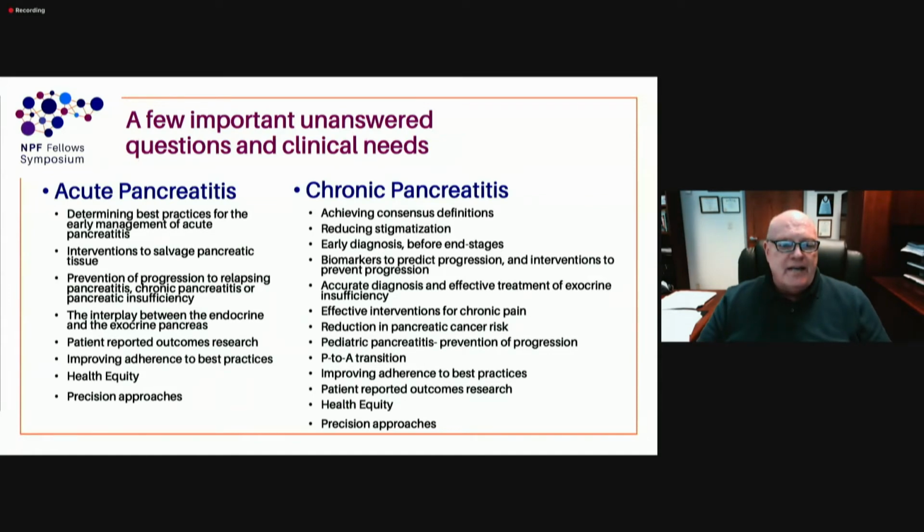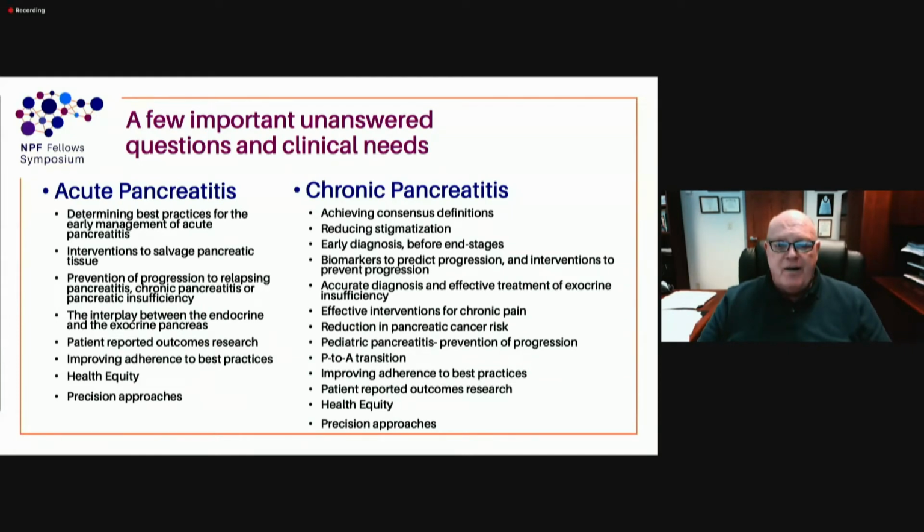In acute pancreatitis, things like best practices for early management, interventions that preserve or salvage pancreatic tissue, prevention of progression, understanding the interplay between the exocrine and endocrine gland, and looking at outcomes that patients think are important, patient-reported outcomes, implementation research, improving adherence to best practices, studying health equity and delivery. Are we doing well across the entire spectrum of patients? And ultimately, precision approaches, which Dave Whitcomb is going to talk about.